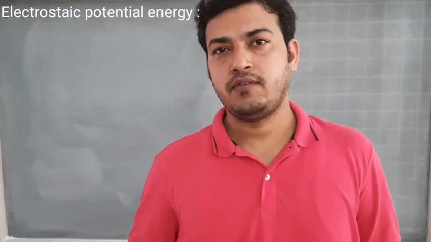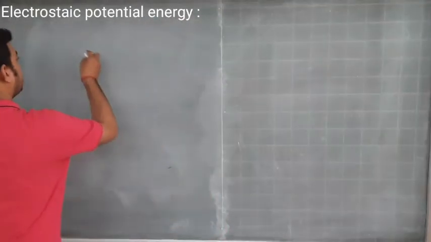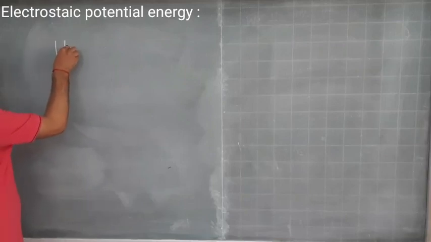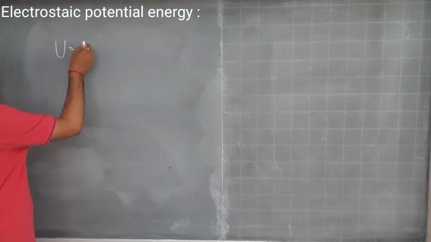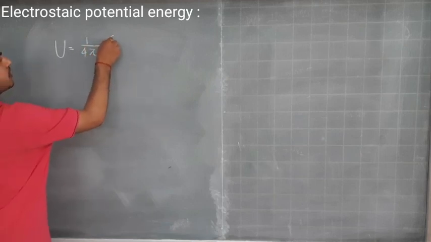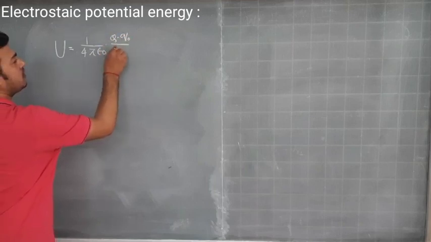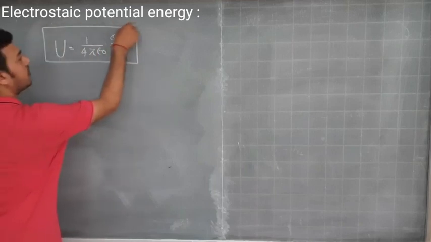So, in a general way, we can write the electrostatic potential energy at a distance r from the pair of two charges as 1 by 4 pi epsilon naught q q naught by r.